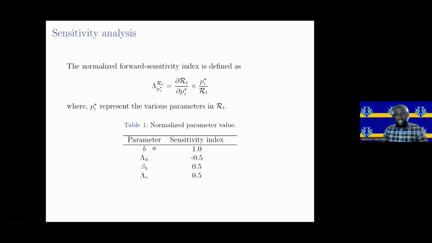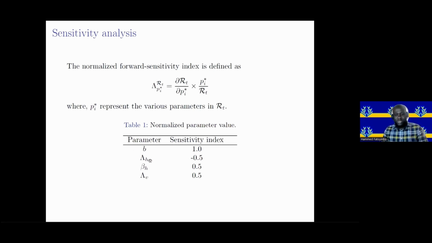Looking at this, we see that the sensitivity index for the biting rate is 1, which means that if the biting rate is increased by 1%, that leads to an increase in the spread of the disease.